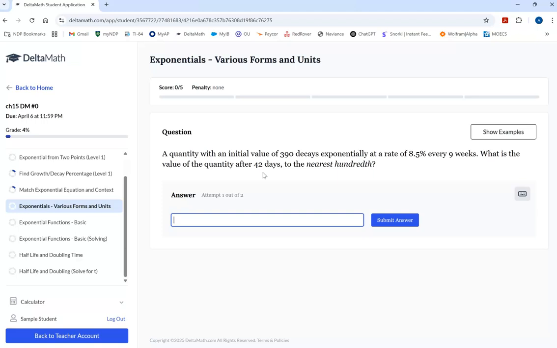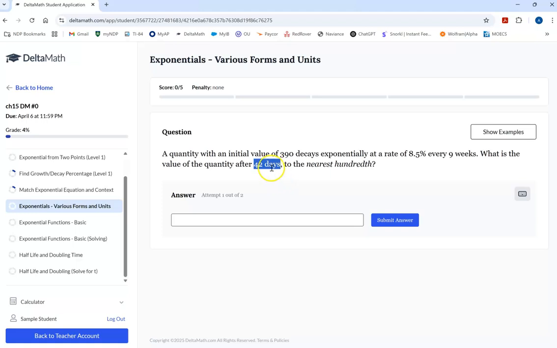What's going to be the tricky part on this one? Dealing with the units, right? What is the rate of exponentiation given in? 9-week intervals. What is the t given in? Days.